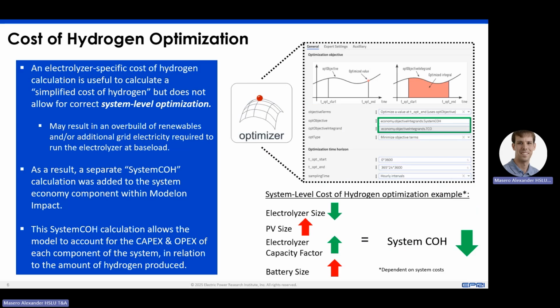We started by looking first at the electrolyzer itself, because typically when people look at LCOH, they're thinking, all right, you have an electrolyzer, you have some type of hydrogen production and some type of cost associated with that electrolyzer, and along with your debt equity ratio and things like that, you have an LCOH.